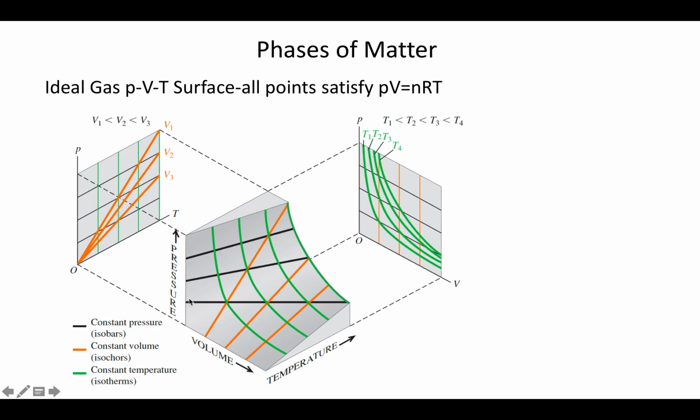Lines of constant pressure, and along this way. Last would be lines of constant volume. Lines of constant volume on this diagram are vertical lines, right? On this diagram, they're these angled lines. So very interesting, but this surface should represent your ideal gas law, essentially.